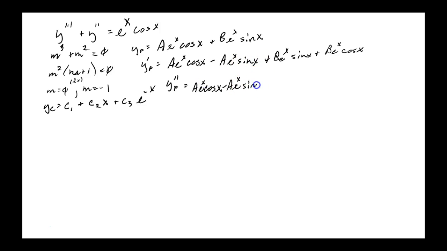Okay, that's the first term differentiated. Now let's do the second one. Minus an a e to the x sine x minus an a e to the x cosine x. Agreed? Okay.